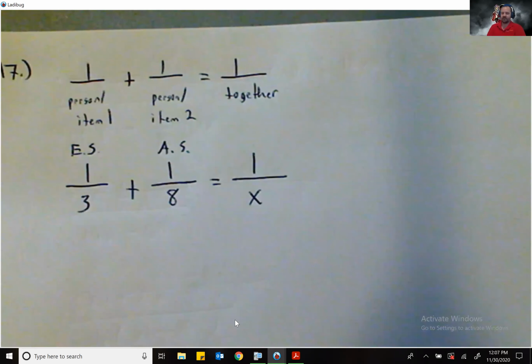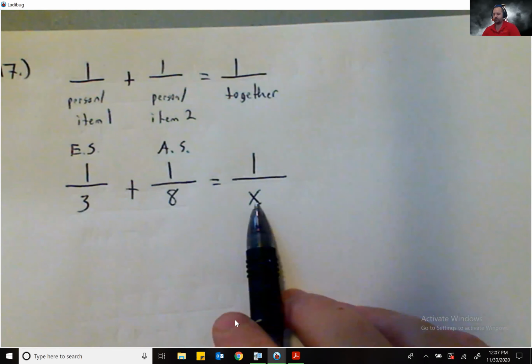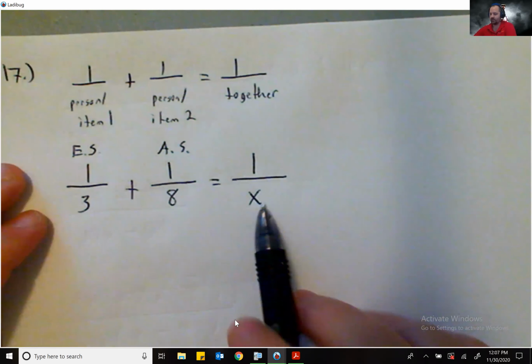Just like what we just did a second ago with number 16, we want to solve for x. So we need that LCD.